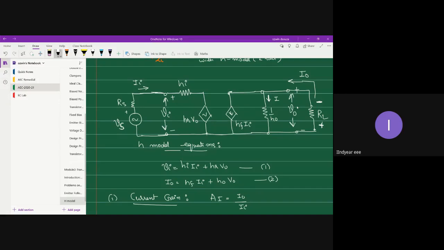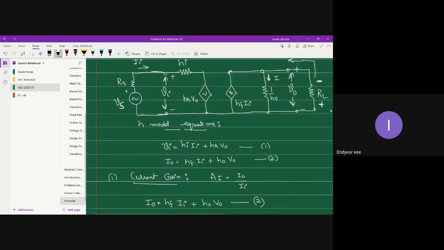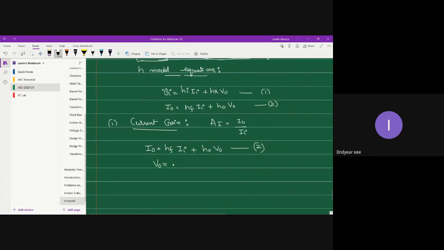We have taken upper side positive and lower side negative, but the actual current direction of I naught gives the opposite polarity. So we can take V naught as minus I naught into RL. Let's take it as equation 3.